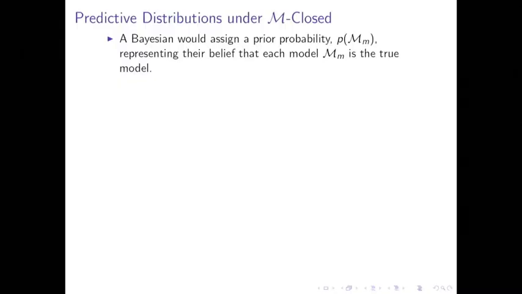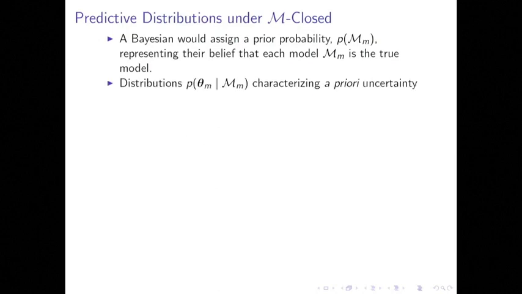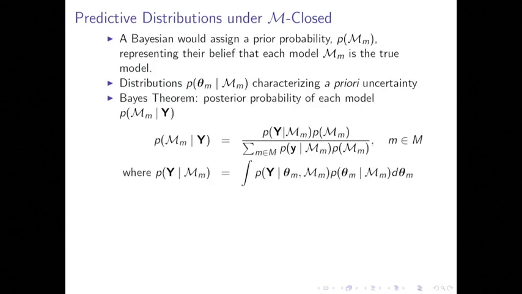And so that would allow us to assign some degree of belief about whether each model is the true model. We would need to specify distributions about all of the parameters in that model that would characterize their uncertainty a priori. And then Bayes' theorem is more or less our formula here.